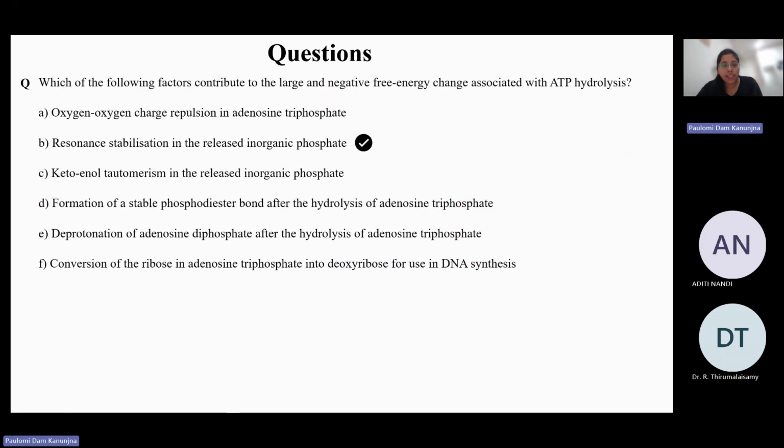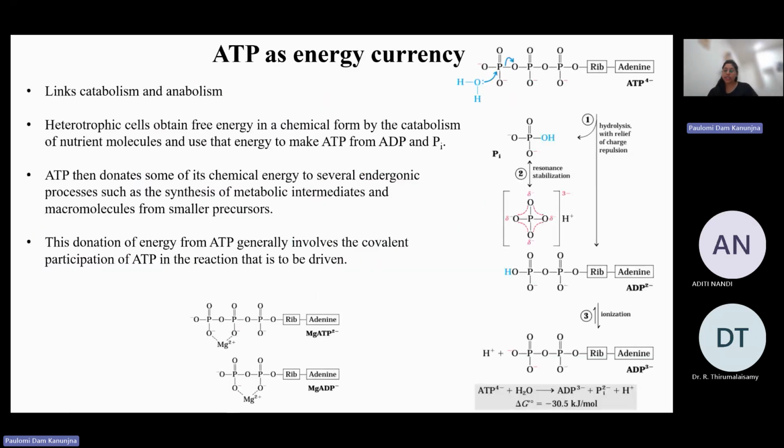Now, next, resonance stabilization in the released inorganic phosphate. Let's go back to this again. We are trying to understand whether a reaction is favorable or not. It is favorable if the product's formation is favored by stabilization of the product. When phosphate is released, there is a resonance stabilization taking place.